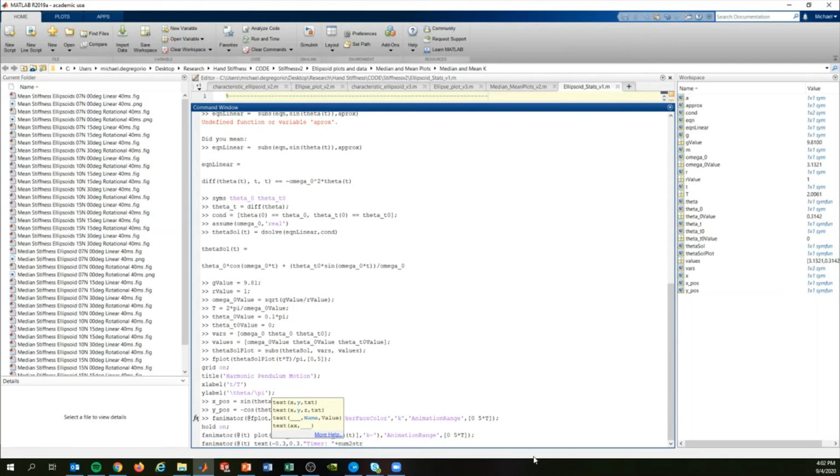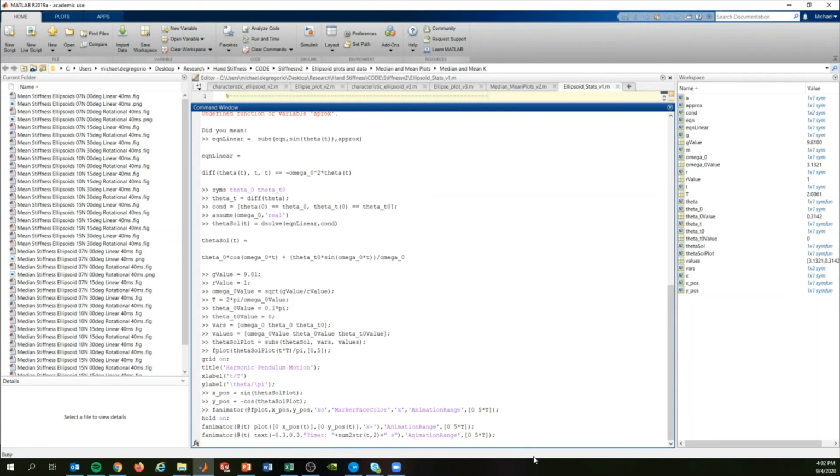So we're going to take a number, turn it into a string, t, comma 2, time, comma 2, plus s. This is the secret sauce. Animation range, and if you guess it's 0 to 5 times t, well, hey, it's a pretty good guess. So we're going to hit enter.